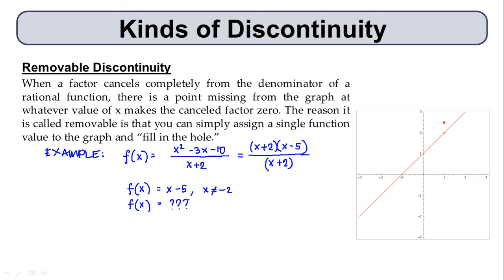Ayan. So, para masagutan natin yan, kunin muna natin yung limit ng value na yan or ng function na yan, ng f of x as x approaches negative 2. And it is equal to the limit as x approaches negative 2 of, ang matitira na lang sa atin is x minus 5, right?